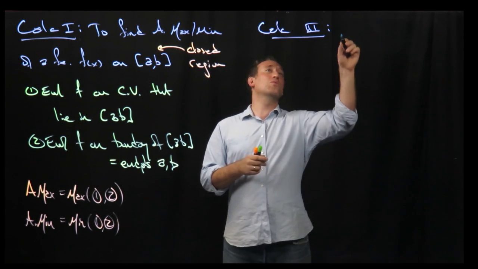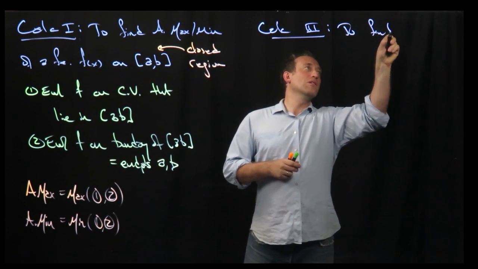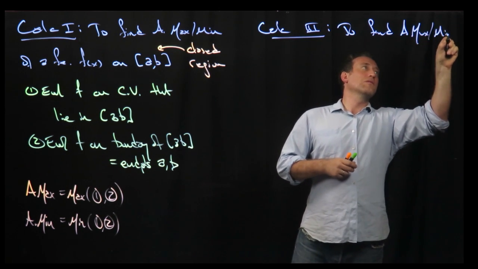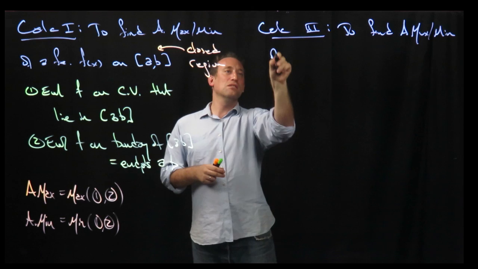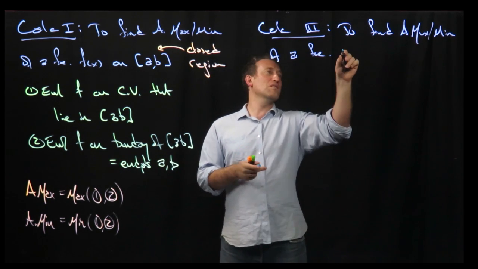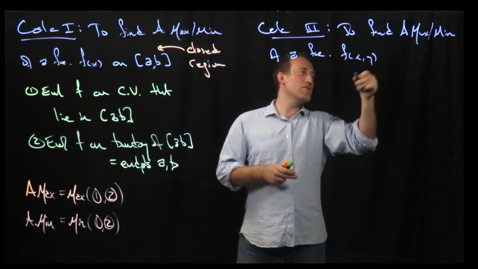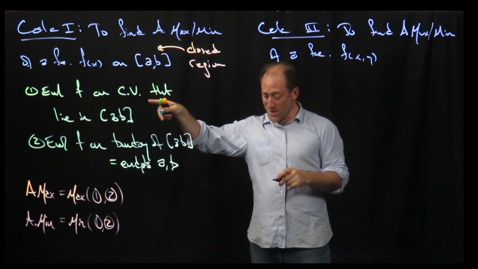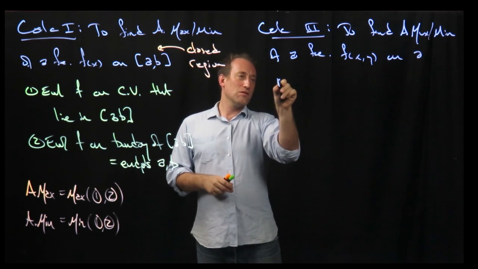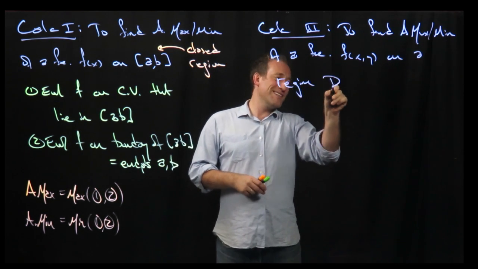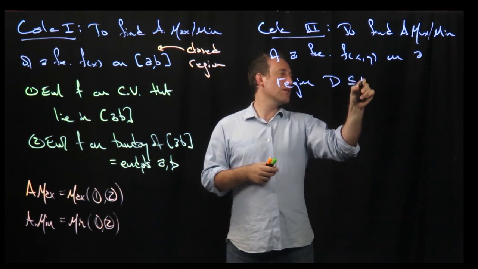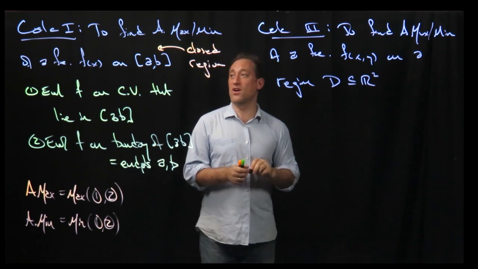So here I want to find the absolute max min of a function, but here it's of a function f of xy, and it's not on an interval, it's on a region D that lies, this is the symbol for subset, inside of R2.